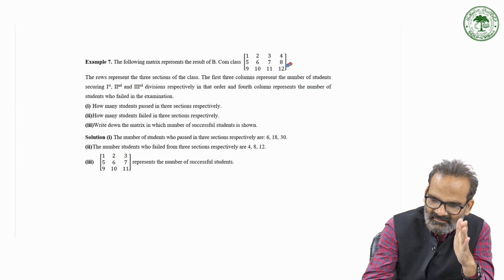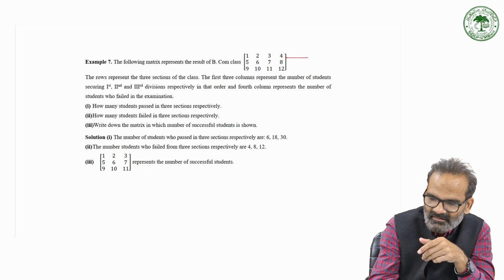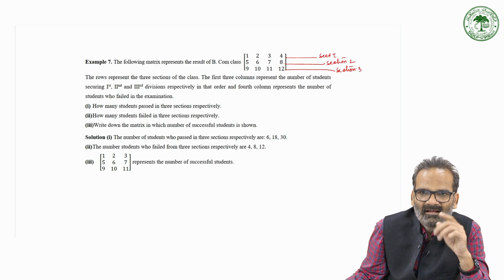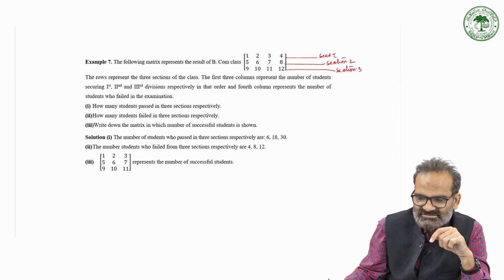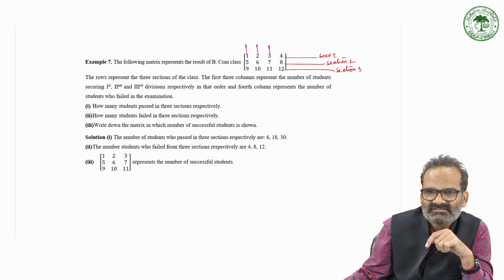Let me specify here. This row 1 is section 1. Row 2 is section 2 and row 3 is section 3, right? It is given. The first 3 columns, this column and this column, are the first 3 columns.